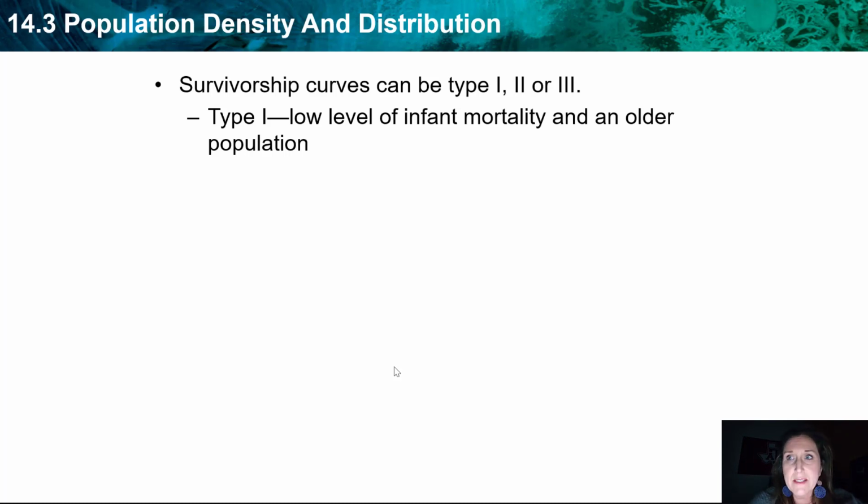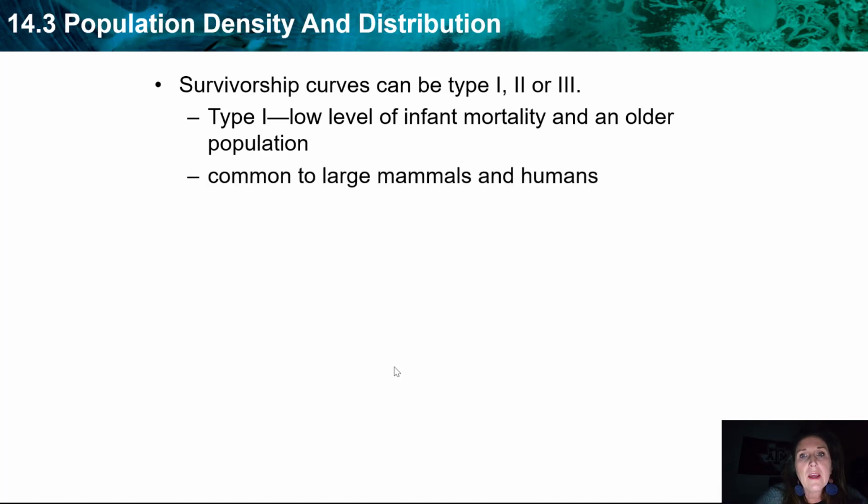That baby makes it to adulthood, typically, right? So because of that, we don't have to have 10,000 children hoping one of them makes it to being an older person. We are relatively confident that the infant that we have is going to make it to adulthood. So this is common to large mammals, elephants, and the like.